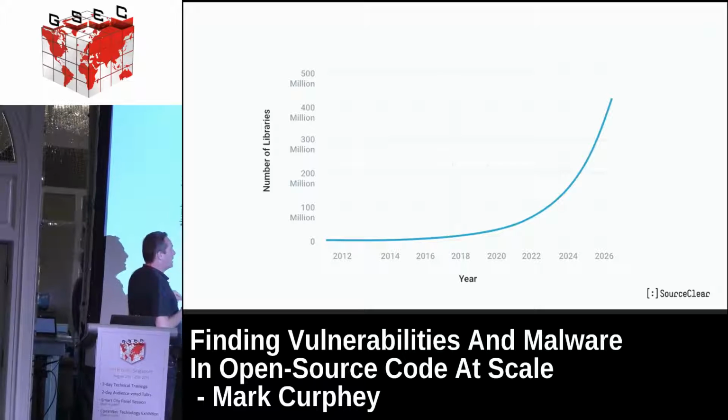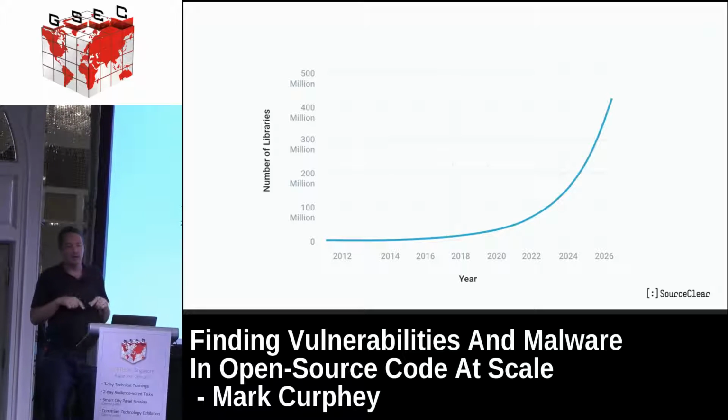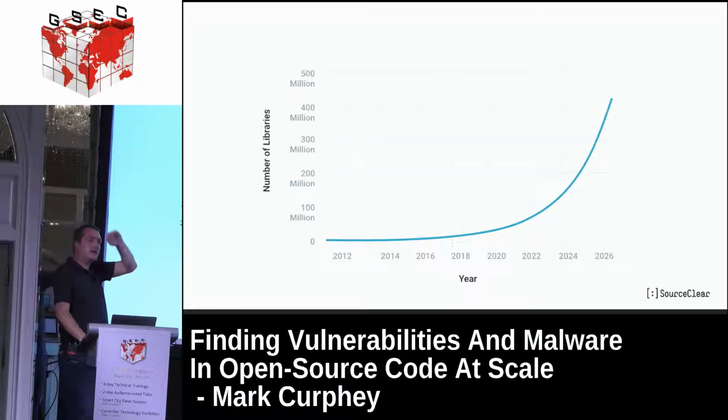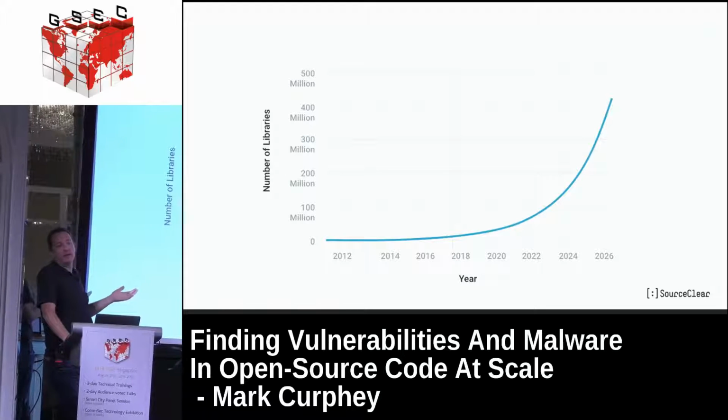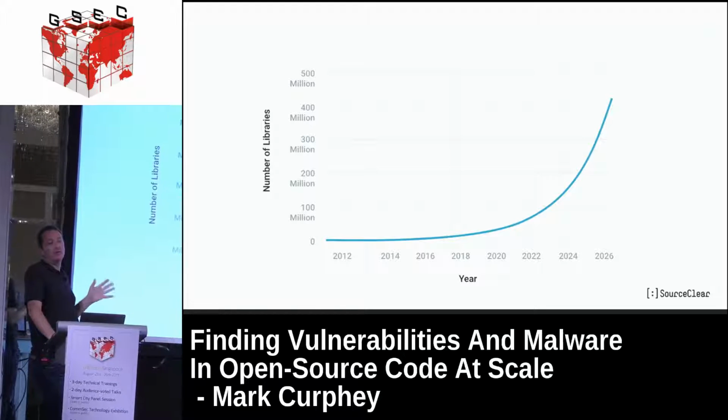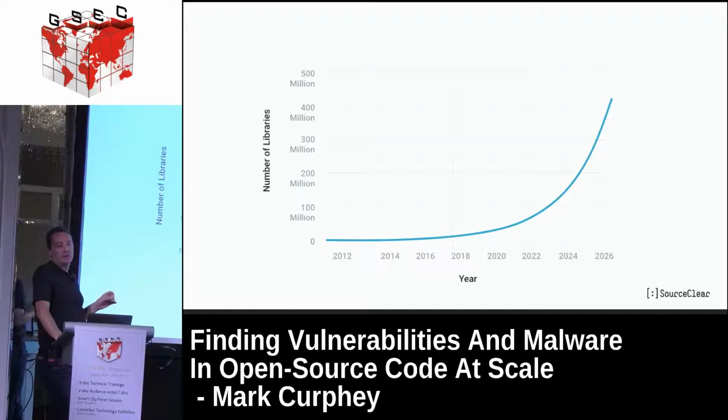One of our data science guys took that data and said, if the increase continues at the same rate we've seen for the last 4 years, and the trend of increasing releases continues, totally hypothetical, but we'll get to the point in 2026, in about a decade's time, when we'll be approaching 500 million libraries. So the problem is getting pretty significant and pretty out of control.